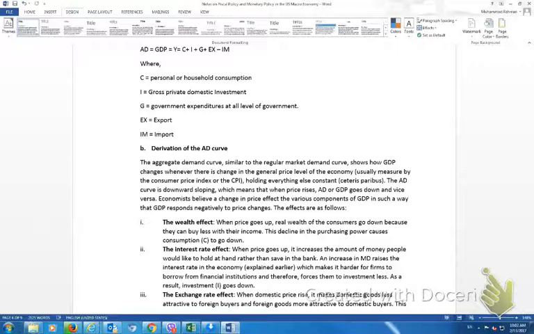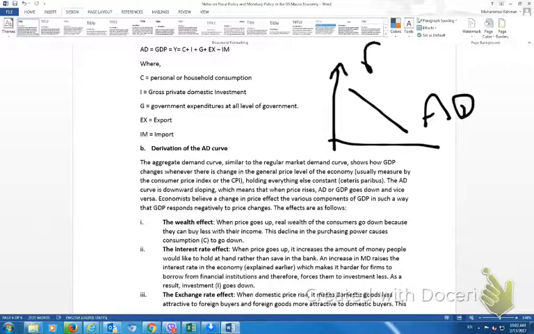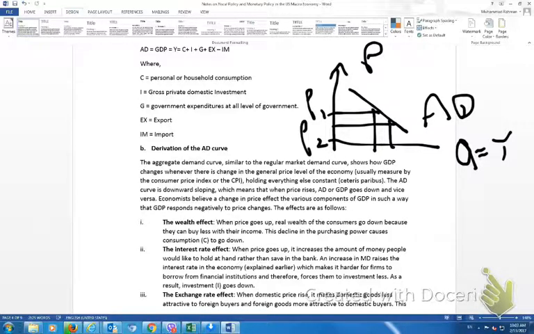Our aggregate demand curve is going to be downward sloping, which means that anytime the price level of the economy goes down, aggregate demand will go up, and vice versa. In this two-dimensional space where Q is output and P is price, anytime price goes down from P1 to P2, aggregate demand increases from Y1 to Y2.